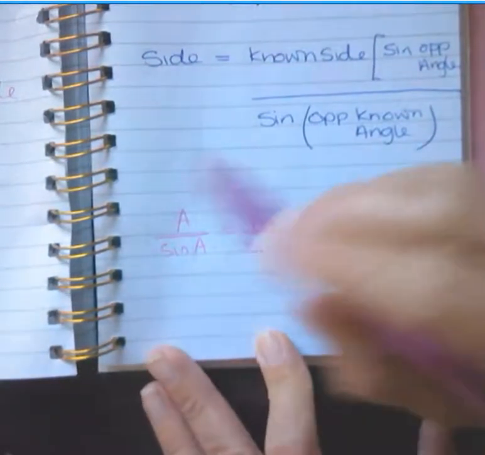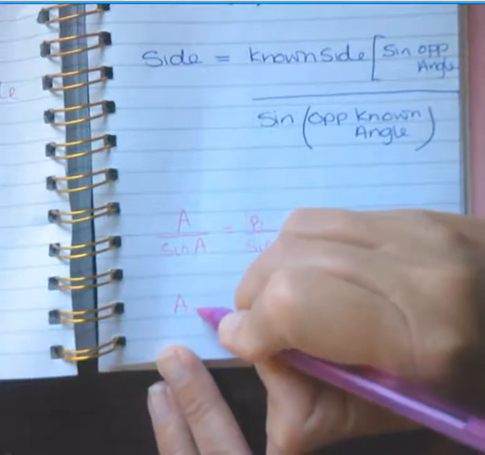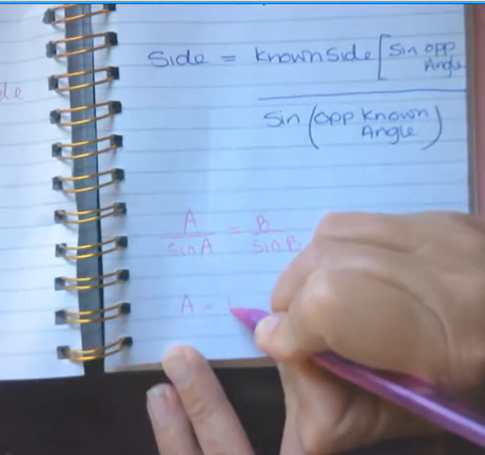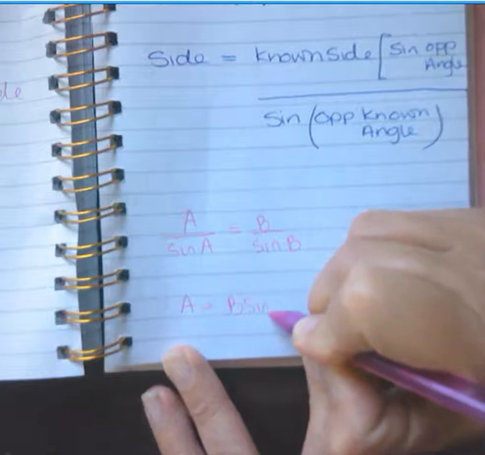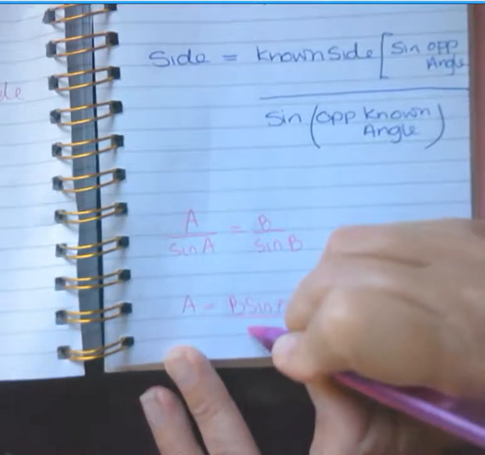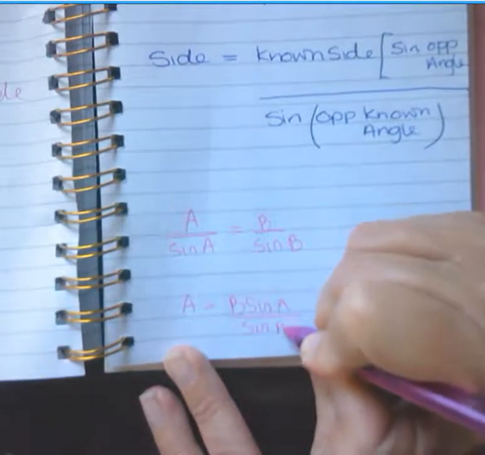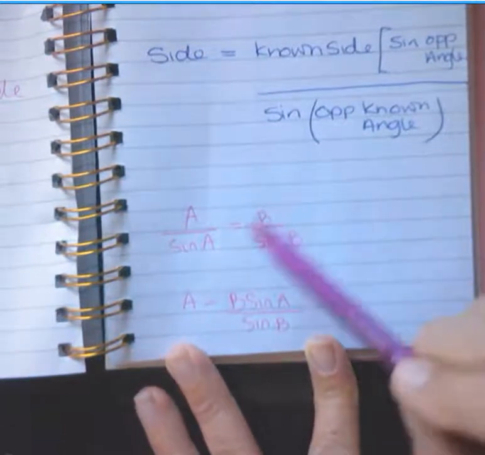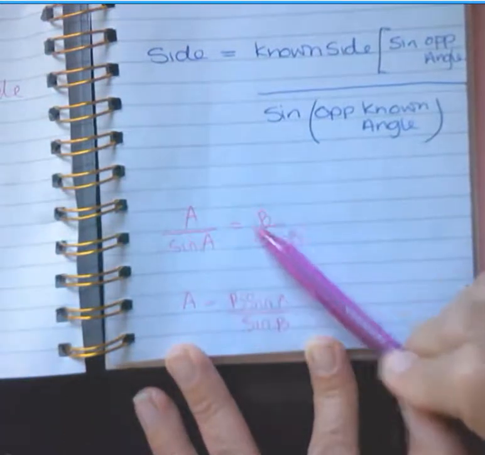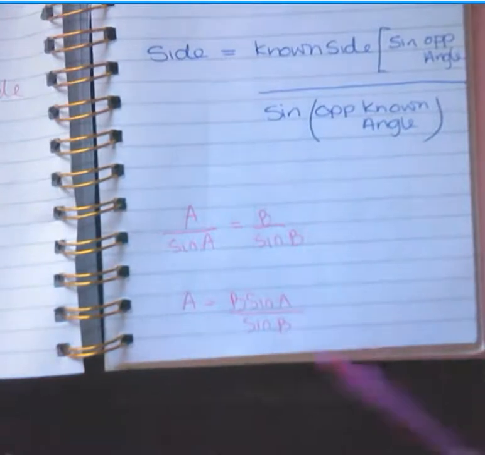We want A on its own, so A is equal to B times sine A over sine B. Basically this just came up and multiplied your B. Plug that into your calculator and it's done. There's no finding inverse this time. It's much, much easier.